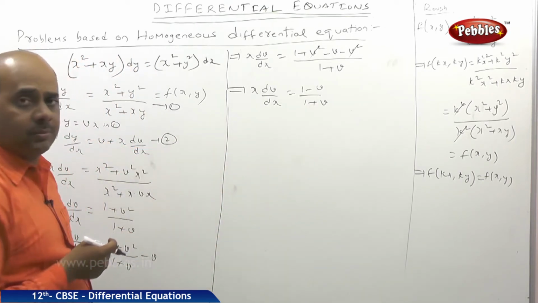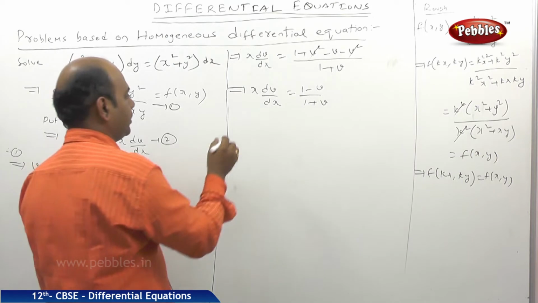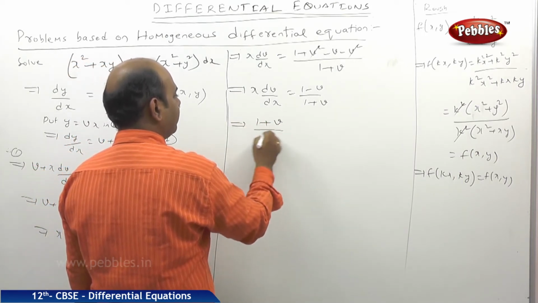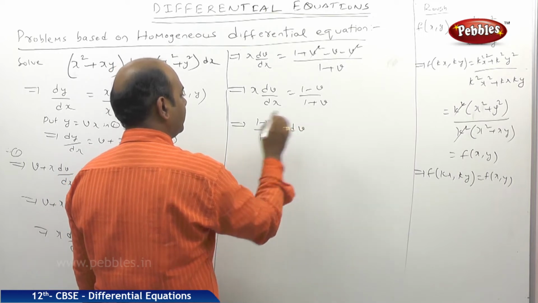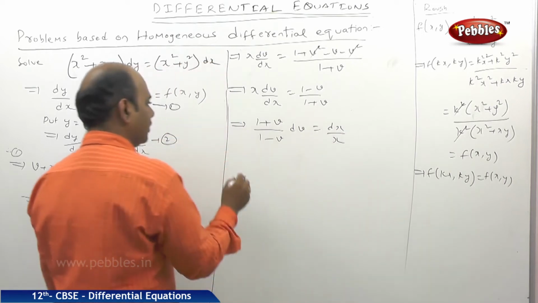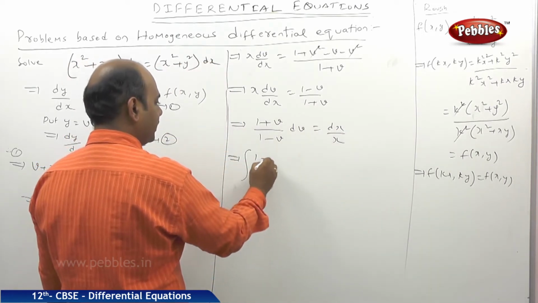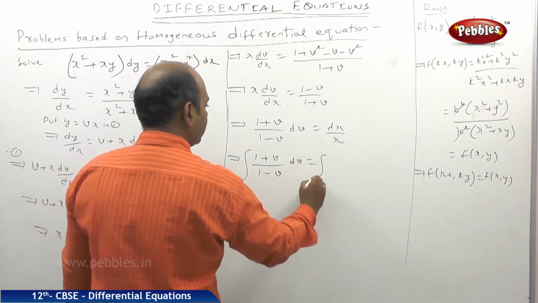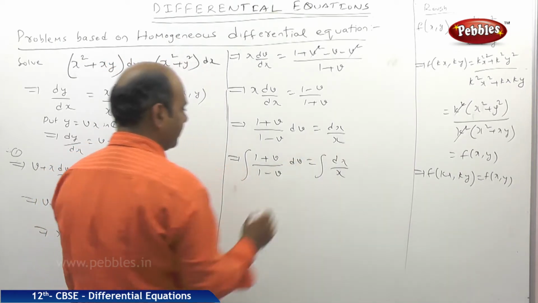So now I think we can make variable separable. So 1 plus v by 1 minus v into dv is equal to dx by x. Now I can integrate: integral of 1 plus v by 1 minus v dv is equal to integral of dx by x.